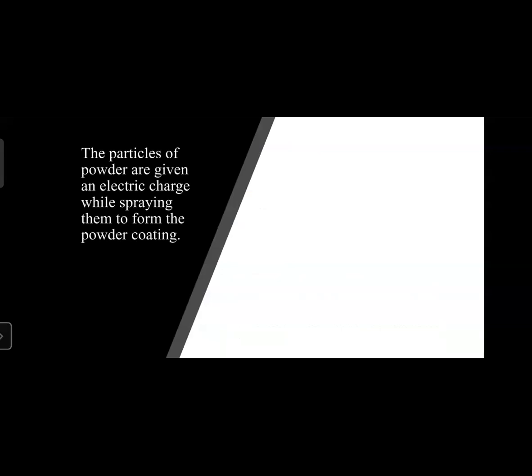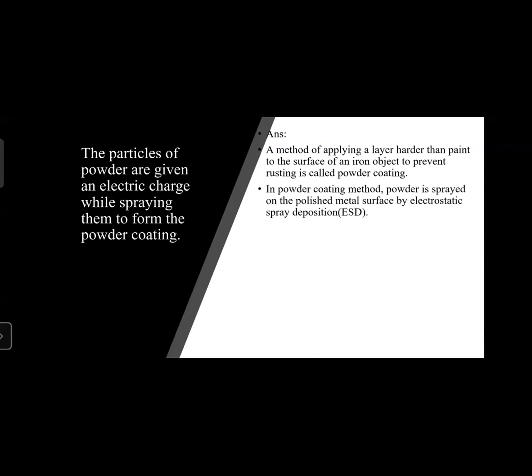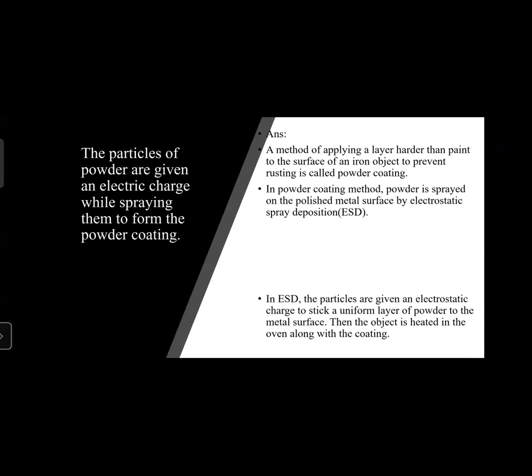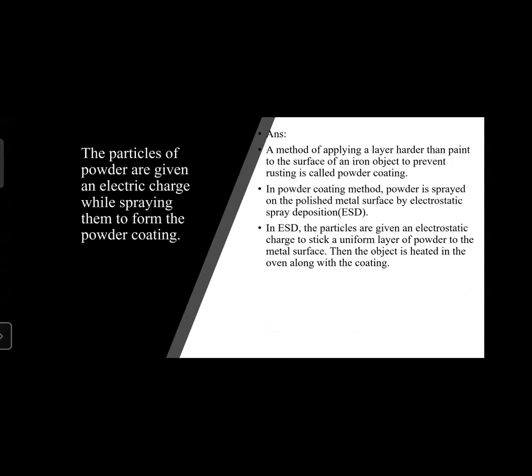Now, next, the particles of powder are given an electric charge while spraying them to form a powder coating. Answer. The method of applying a layer harder than paint to the surface of iron to prevent rusting is called powder coating. In the powder coating method, powder is sprayed on a polished metal surface by an ESD machine, that is electrostatic spray deposition machine.